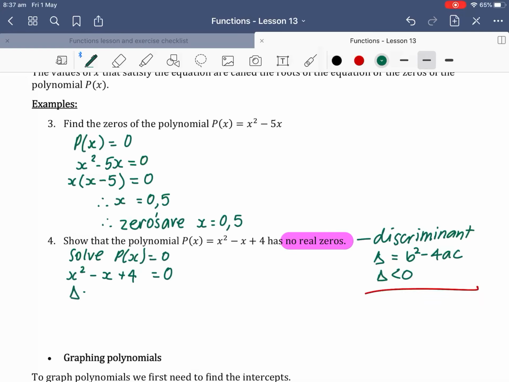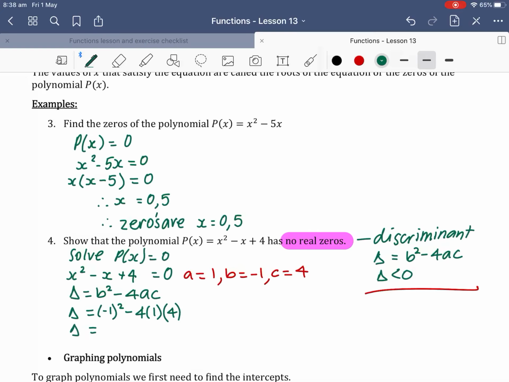So this is what we're trying to find. We're going to sub our discriminant in: b squared minus 4ac. We'll just state what our a, b, c are on the side. So a equals 1, b equals -1, and c equals 4. So delta, or our discriminant, equals b squared, so (-1) squared, minus 4 times 1, which is our a, times our c, which is 4.